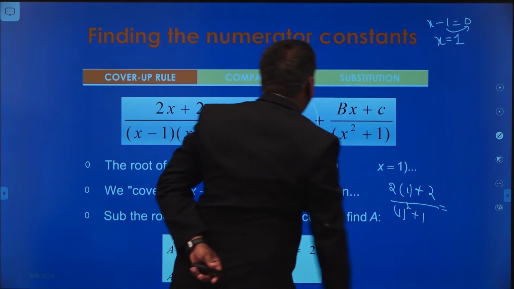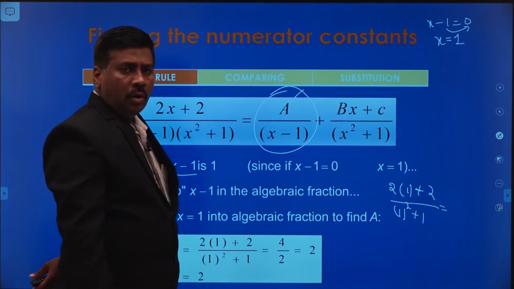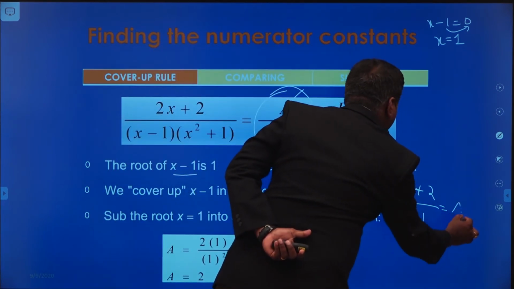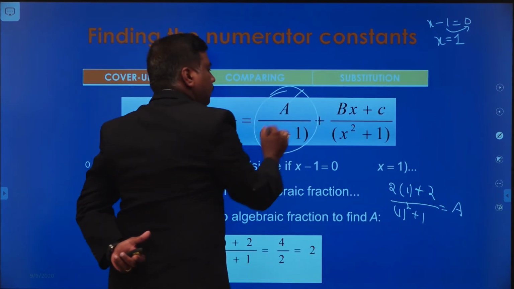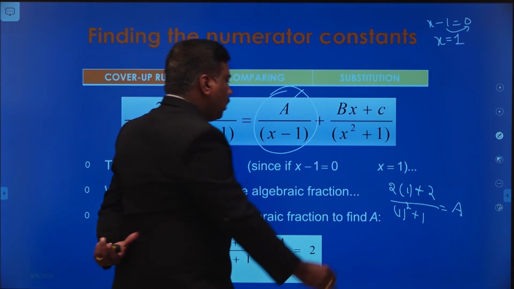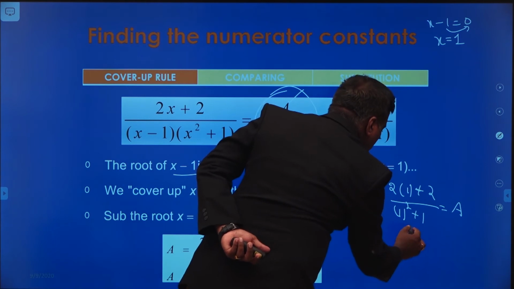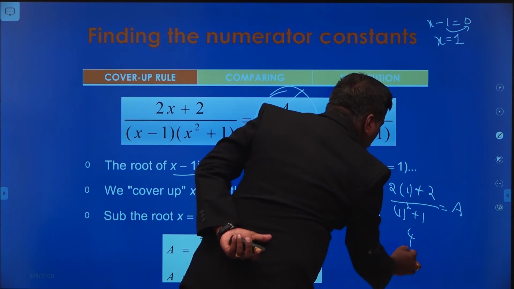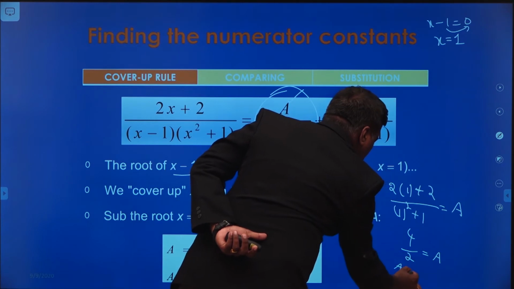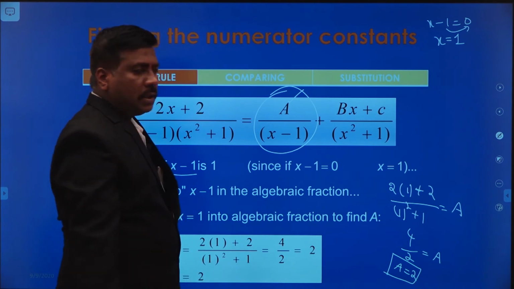Now this value is A. Here also you omit this one. Therefore this is equal to 2 into 1 plus 2, that means 4 by 2, and automatically we get the value for A equal to 2.